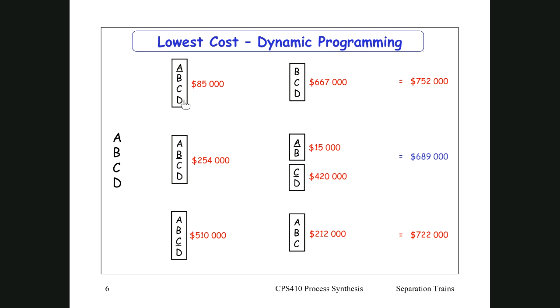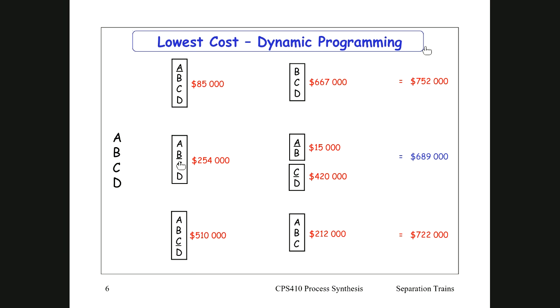Okay, if you do it this way, you've got a BCD mixture, and we've already worked out what is the optimum way to separate a BCD mixture. So now we can add 85,000 to 667,000 and get the optimum way of separating an A/BCD mixture. As soon as we have an A/BCD mixture, we can say it is 752,000 Rand.